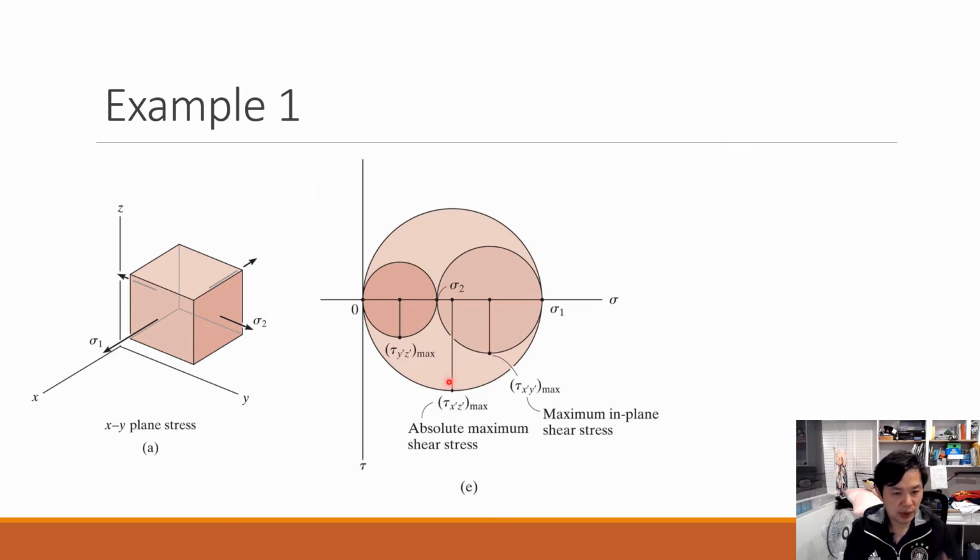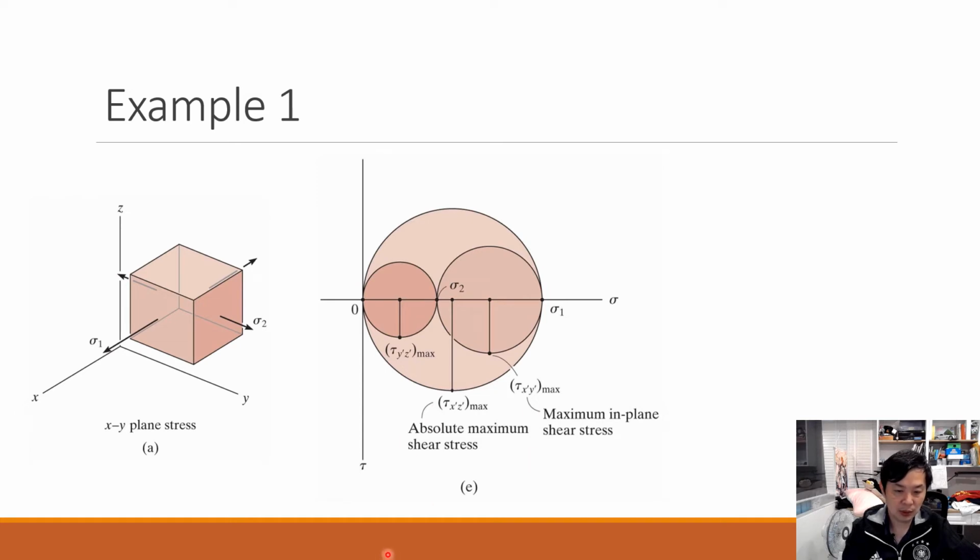Each circle has its own maximum shear stress. We denote them for the xy plane, xz plane, and yz plane, and compare the three maximum shear stresses. We select the maximum one among them and call it the absolute maximum shear stress. The absolute value is the biggest one among the three.